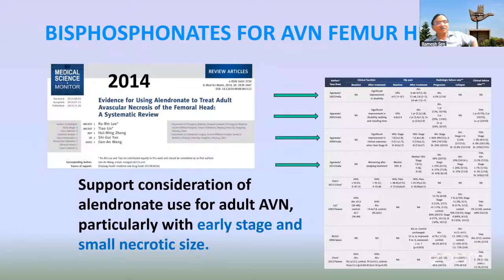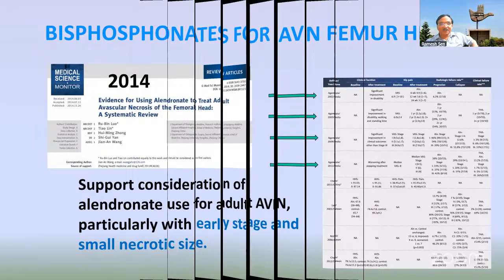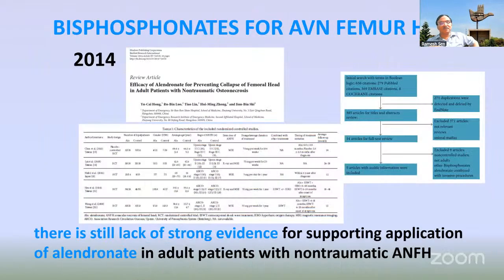Now, this is a meta-analysis done in 2014. If you look at all these studies, study 1, study 2, study 3, study 4, all are from Agarwal et al. When this systematic review was done, they supported that it could be useful for early stage necrosis because of the evidence. But the other persons who did this meta-analysis excluded Sanjay Agarwal.